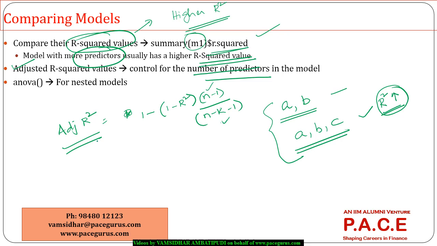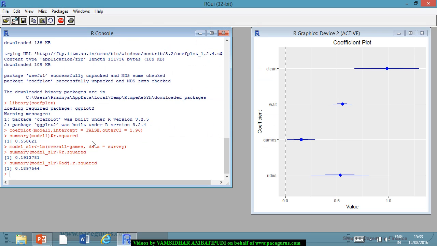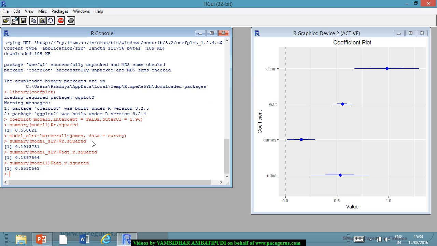So instead of comparing the r squared between the models, we actually compare the adjusted r squared, and whichever of the two models has the highest adjusted r squared, I can very well go with the choice of that specific model. So for model SLR it is 18.97%, whereas for model 1, which is a multiple regression model, it is 55.5.